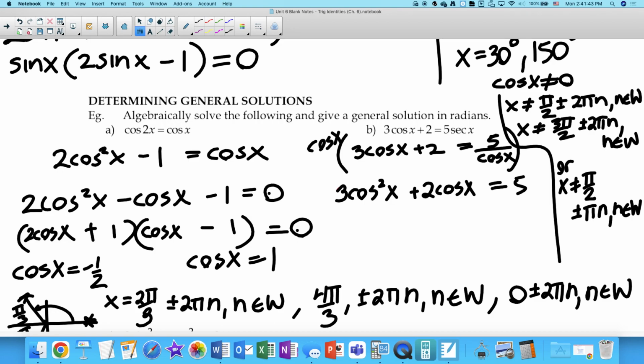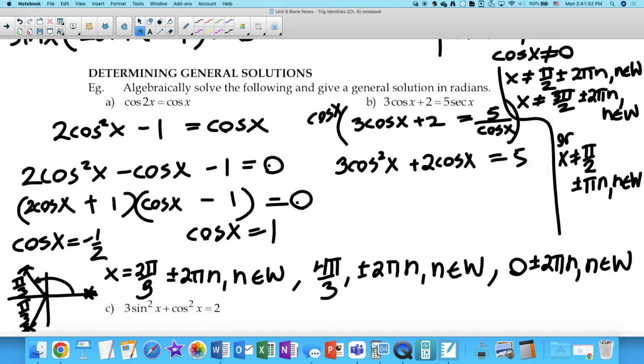Okay, and then I can equate to 0 and hope that this is factorable. I think it is. It would be really awful to give you one where you had to use the quadratic formula. That would not be very kind. But I suppose it's possible. But this is factorable because we're looking for 2 numbers that multiply to negative 15 and add to 2.